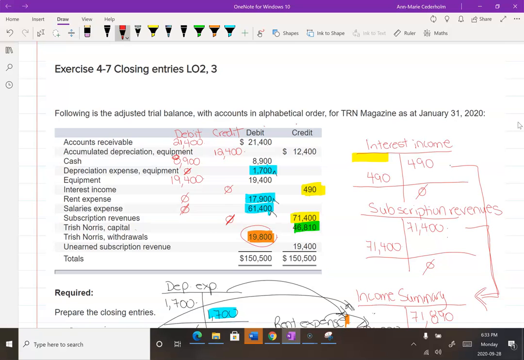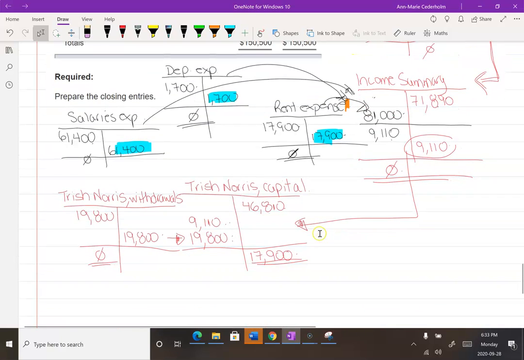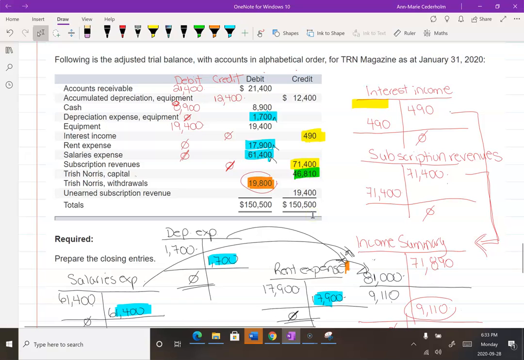Our capital account, we just calculated the new one, so it's the accumulated capital plus the revenue minus the expenses minus the withdrawals, and it's this number right here, the 17,900. So I'll just bring that here.